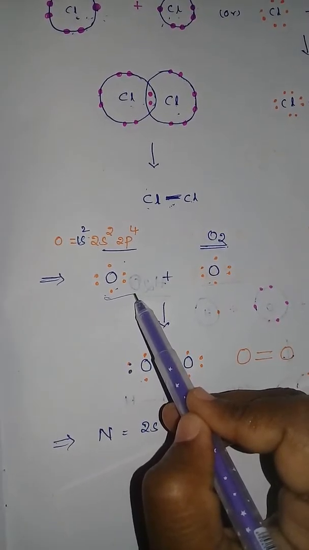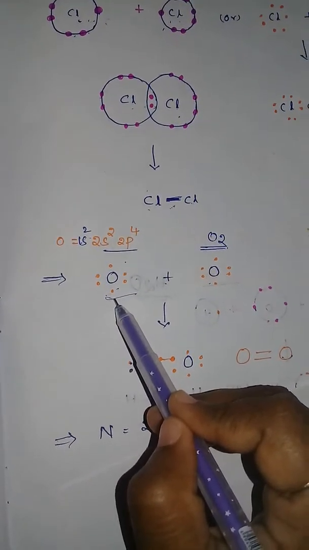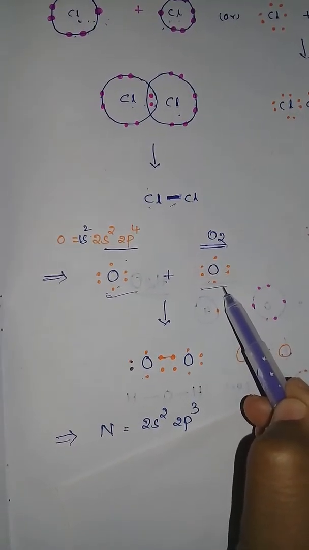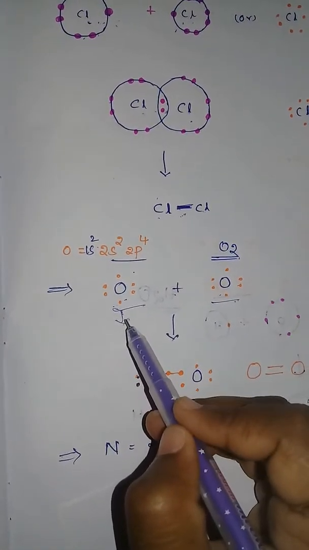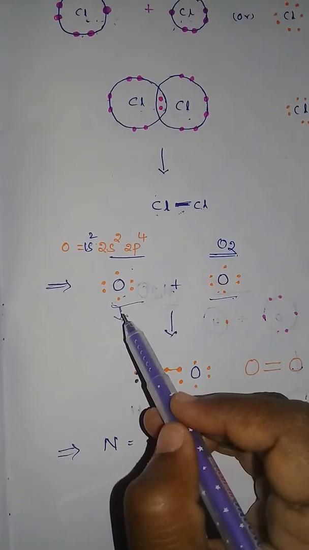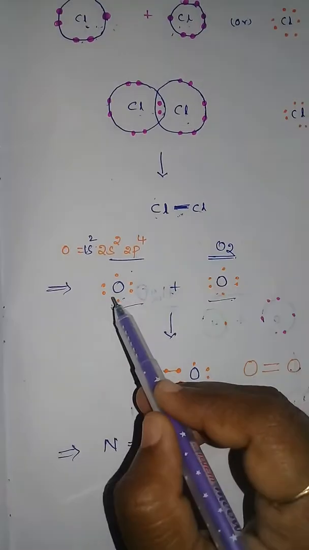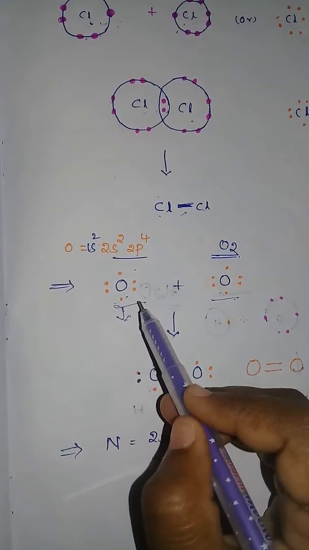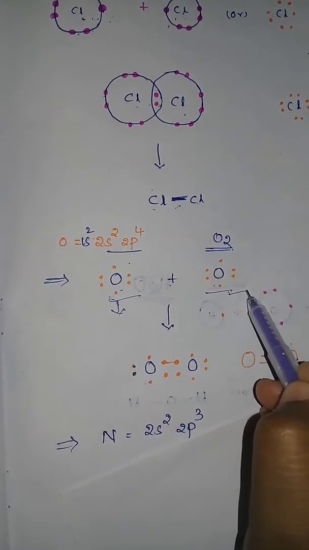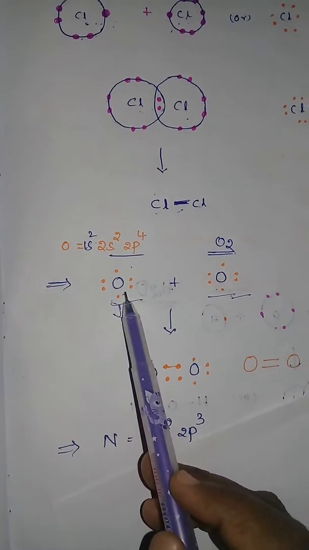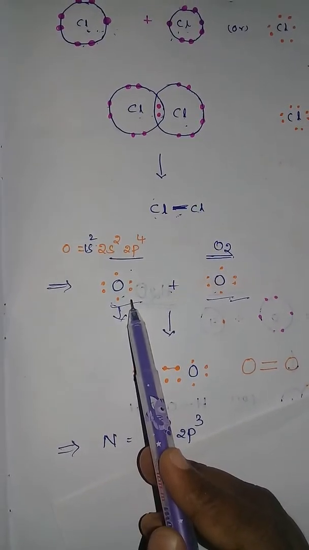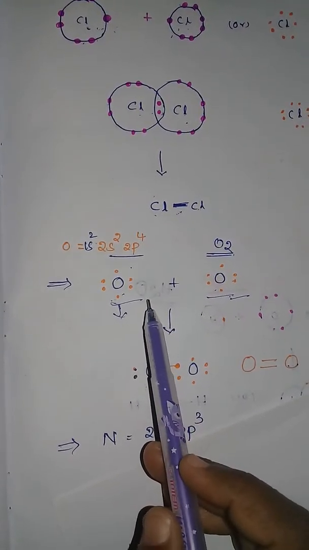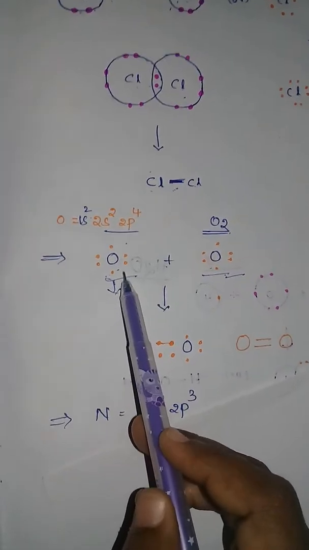To obtain octet configuration, 2 electrons are short in each oxygen. So by sharing 2 electrons from each oxygen, they obtain stable or octet configuration.